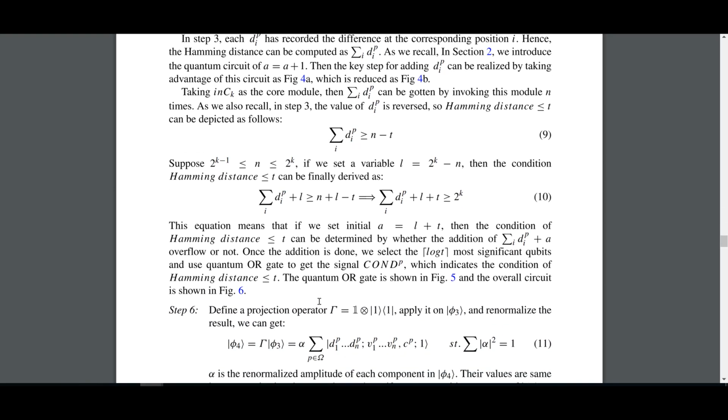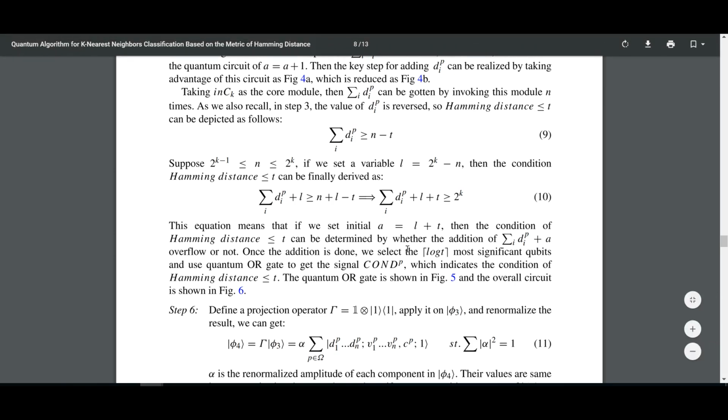The algorithm is that we can initial A as L plus D, and the condition of Hamming distance can be determined by whether the addition of D plus ancillary overflows or not.